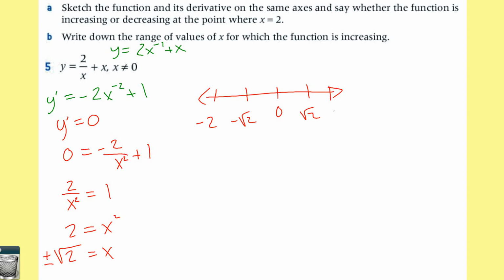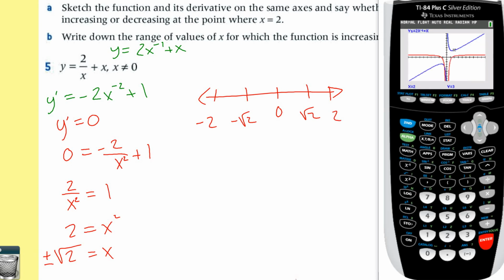Looking at that, let's plug in the square root of 2. Where's my square root button? Oh, there it is. Being silly. Square root of 2. Sorry, I meant to put negative, but it's fine. We'll start on the right side. So square root of 2 there. To the right of it, that's all increasing.